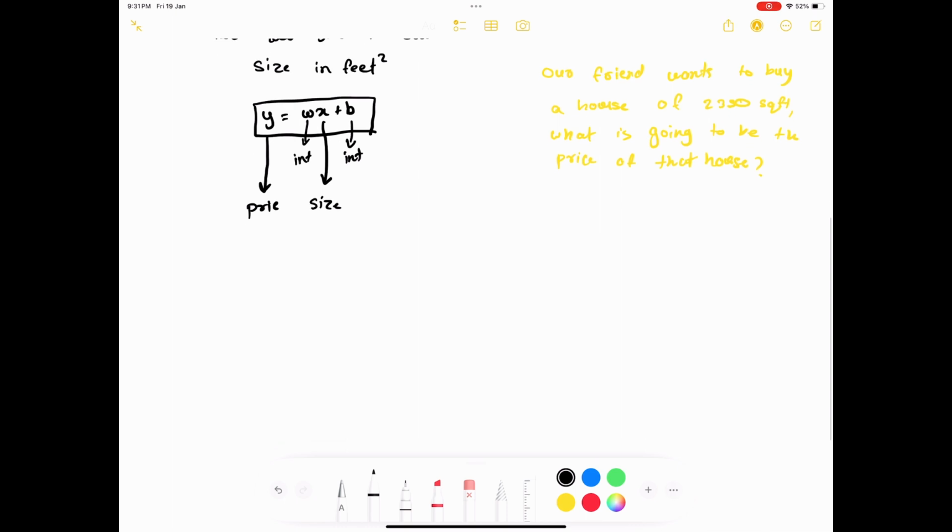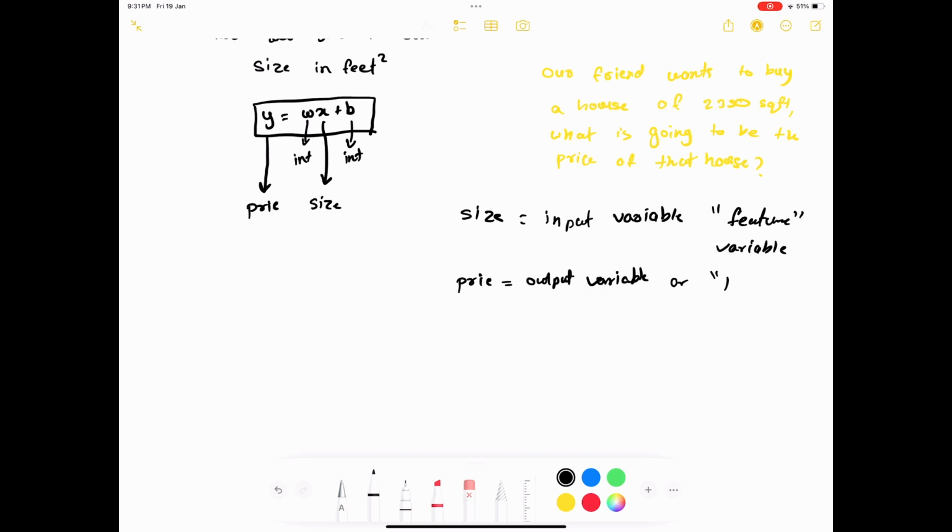In this case, size is our input variable, or what we call our feature variable, and price is our output variable, or the target variable.